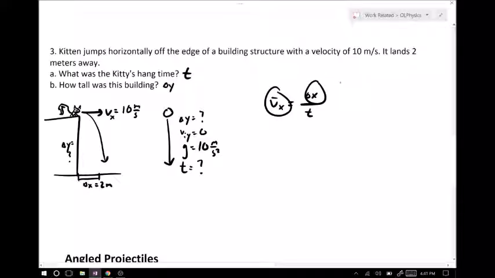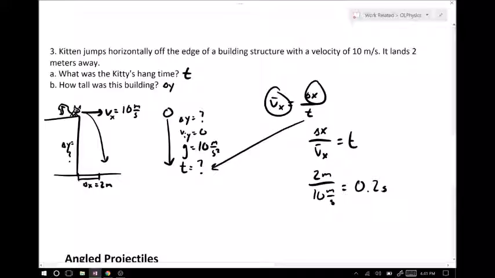So we have the horizontal velocity and the horizontal distance, which is the range. So we can solve for t, and then that can go right back in there. So t equals change in x over our horizontal velocity, which is 2 meters over 10 meters per second. That's going to give us 0.2 seconds. So the cat is not in the air for very long.